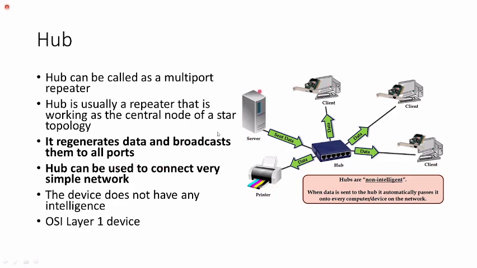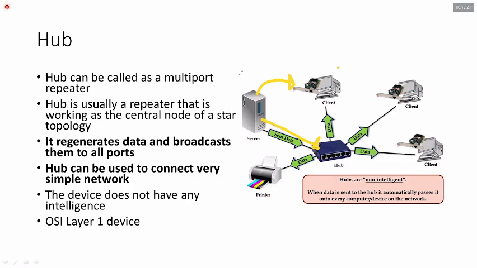Now let's say the server wants to send some data to this computer. That is the requirement. So the server sends this data to the hub. When the server is sending the data, it will put this address as the next hop address.